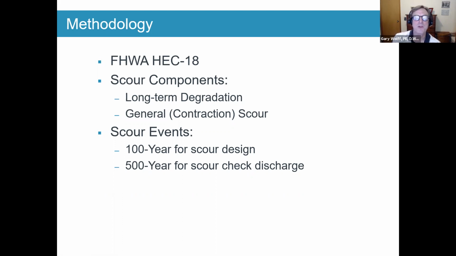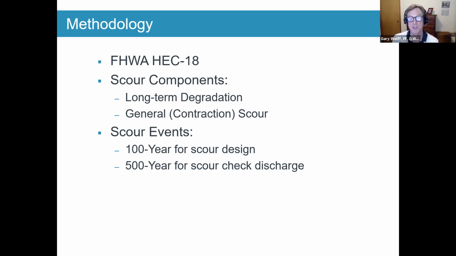A final component of scour that is in HEC 18, if you're familiar with that, is what's known as local scour. But we didn't quantify that because the local scour is a scour that occurs due to turbulence because of an obstruction like a pier or an abutment. But we don't have any piers, so we don't have pier scour. We do, however, have the bridge abutment. So there is a potential for local turbulence around the abutments.